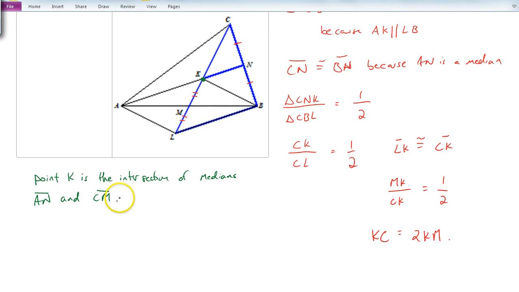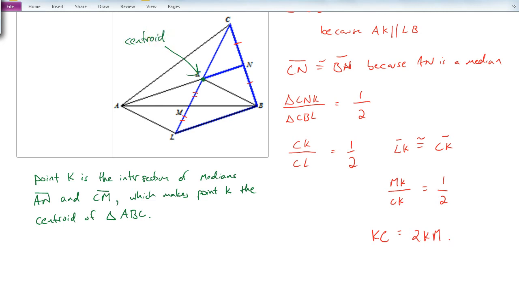Okay, which makes it a centroid, or the centroid. Okay, the centroid is an intersection of the medians of a triangle. So of triangle ABC. Okay, so point K, I'm just going to mark it, is now called the centroid.